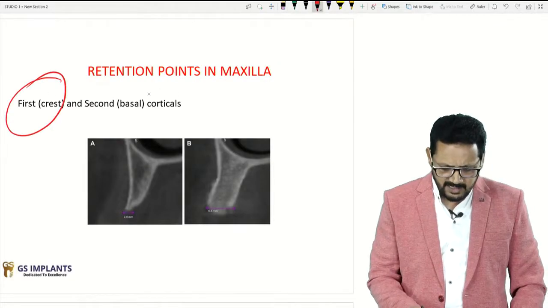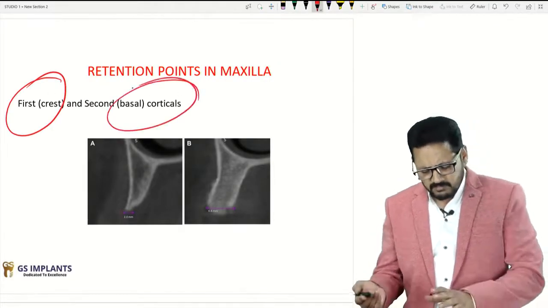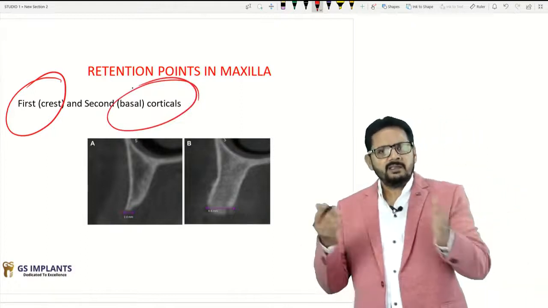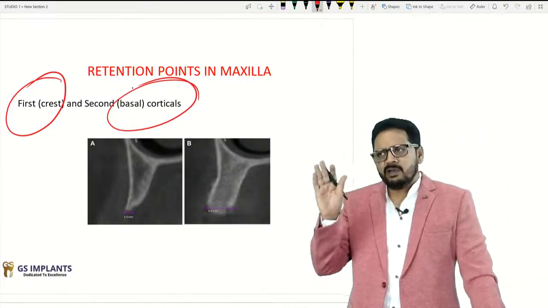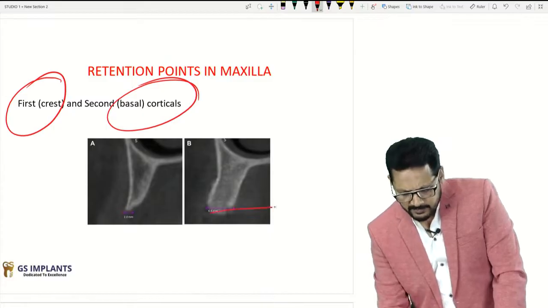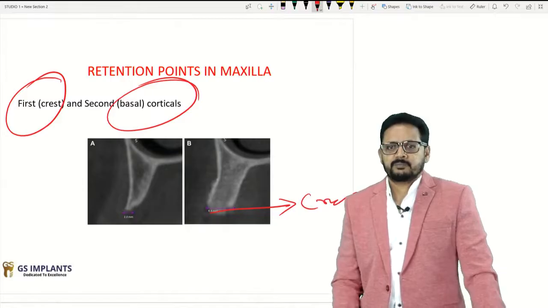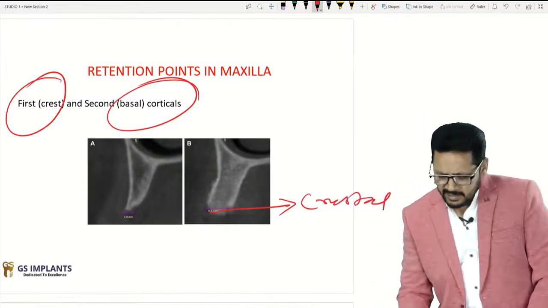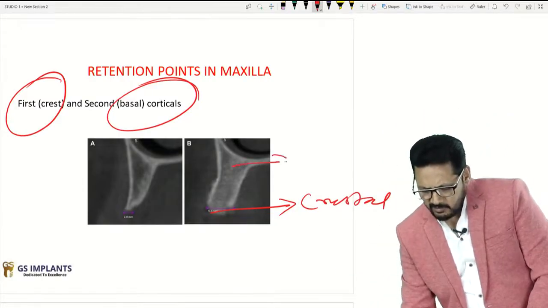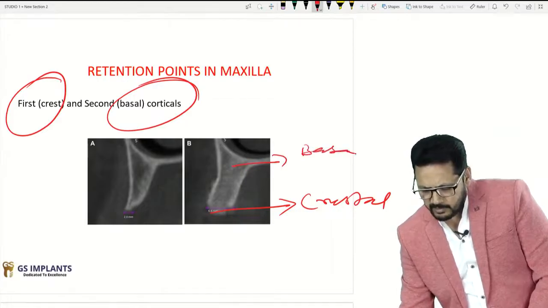The first crest and the second crest or second corticals. First cortical or the second cortical. The first cortical is always the crest. The crestal bone is always the first cortical. The second cortical is actually, one is the basal bone, right?